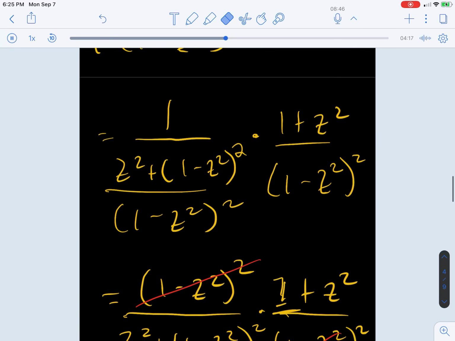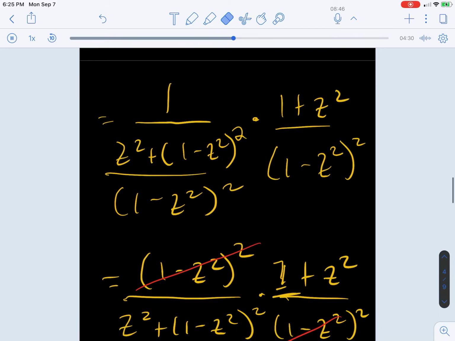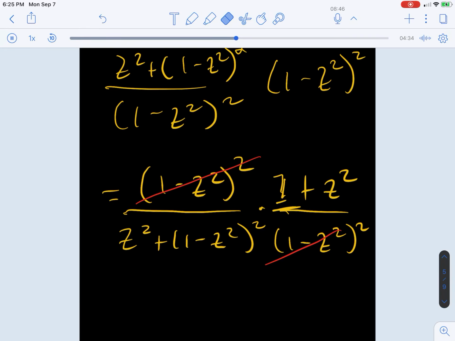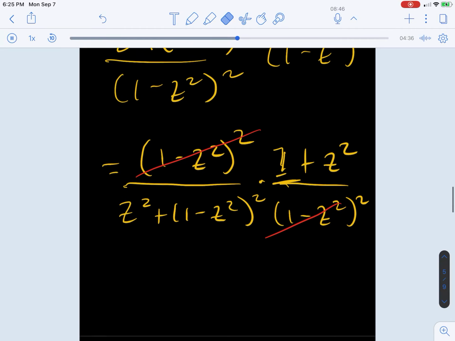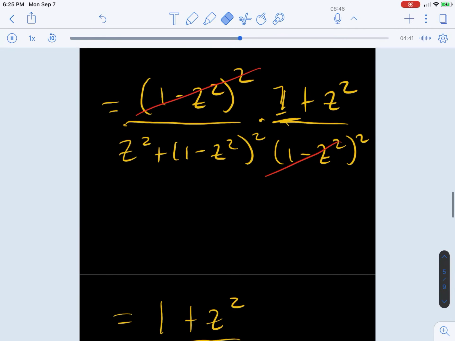And I replace d theta dz with 1 plus z squared divided by (1 minus z squared) to the power of 2. Now we're talking about secant squared, so now the square root is gone, and the piece of information in the denominator has a power of 2, times 1 plus z squared divided by (1 minus z squared) to the power of 2.